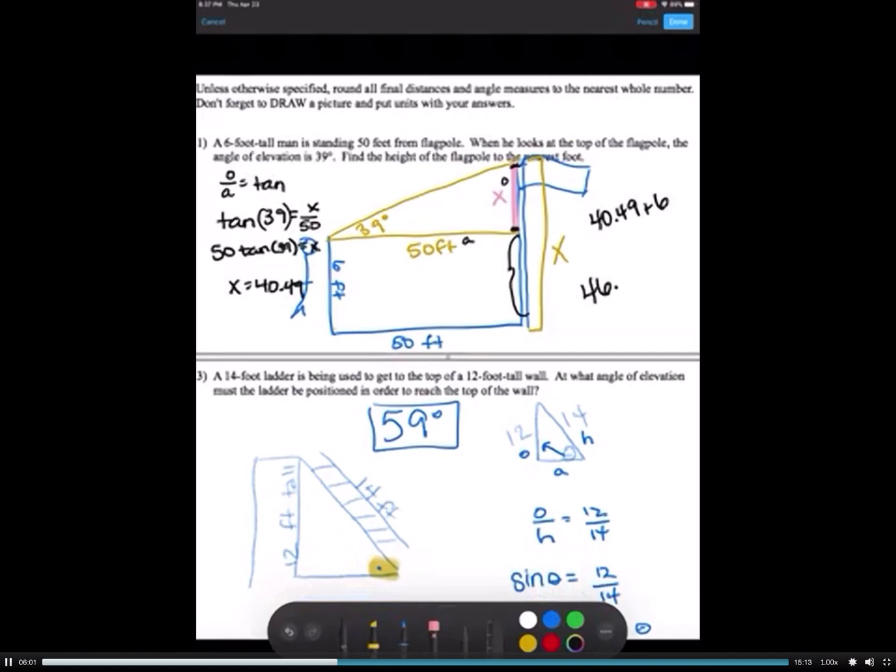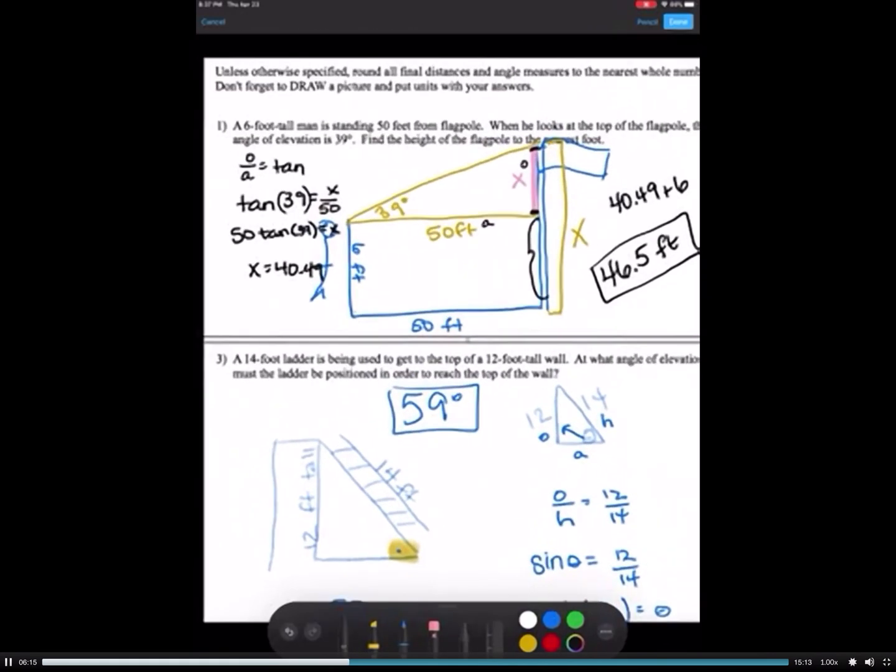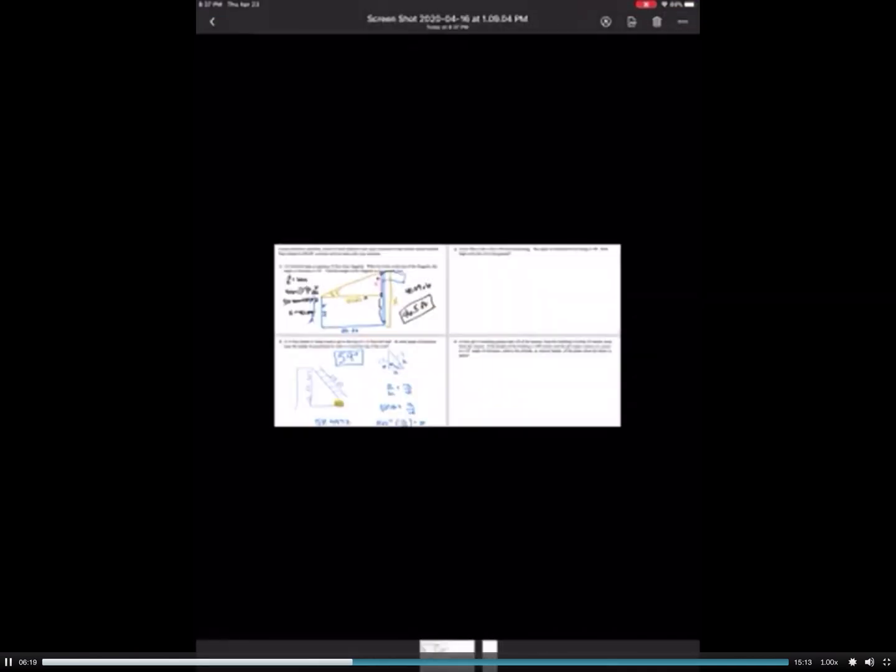So the flagpole is about 46 and a half feet. And I'm just going to round to 1 there. You just want to make sure that you're answering it the way that it's asking you.